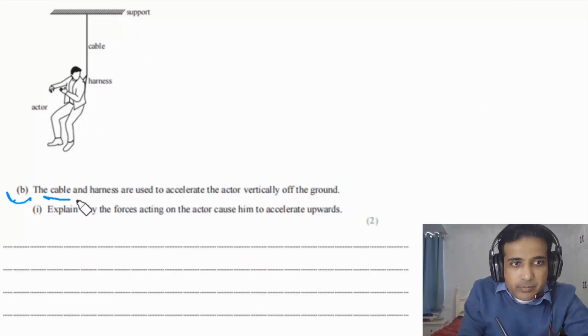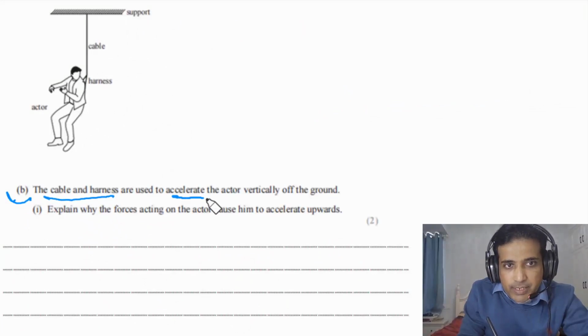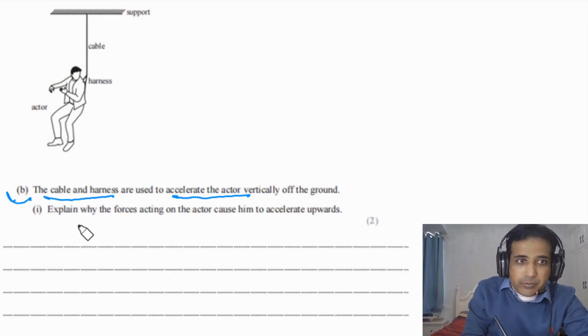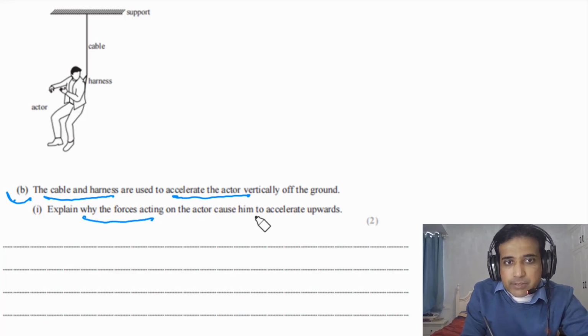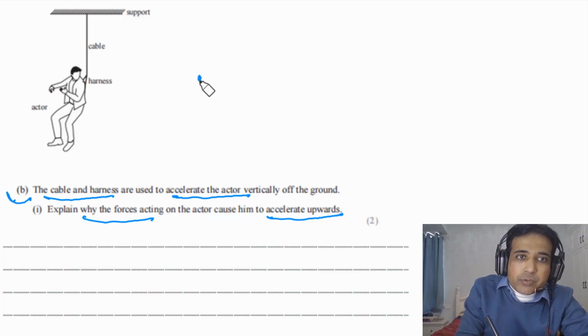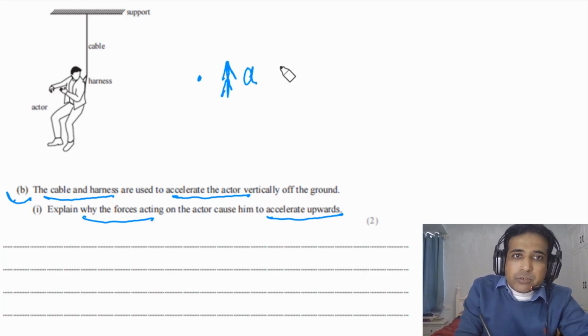Part B says the cable and harness are used to accelerate the actor vertically off the ground. Explain why the forces acting on the actor cause him to accelerate upwards. First of all, it is given that the actor accelerates upwards. So simply we can write down acceleration is vertically upwards. If acceleration is vertically upwards, the resultant force also has to be vertically upwards. So F net has to be vertically upwards.